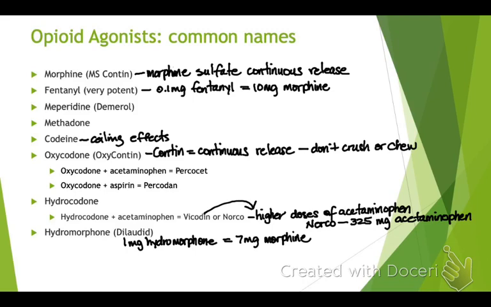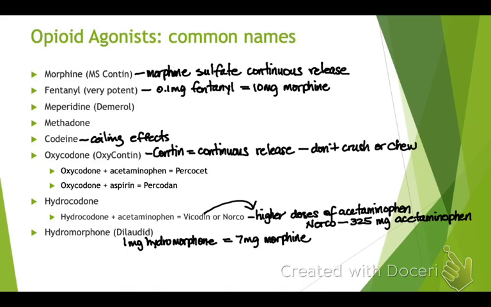Fentanyl is a very potent opioid agonist, and it's so potent that 0.1 milligram of fentanyl will equal the effects of 10 milligrams of morphine. So it is almost 100 times more potent than morphine is.